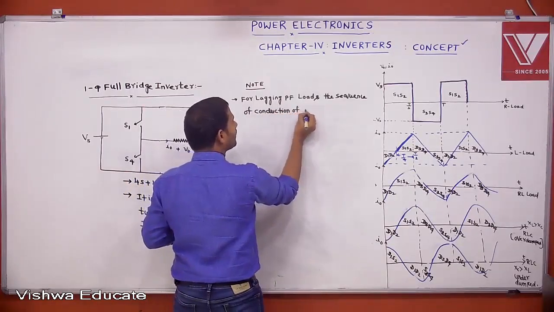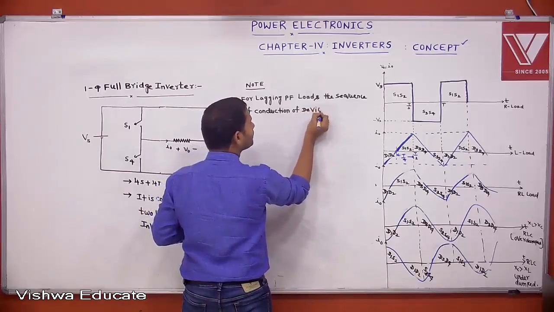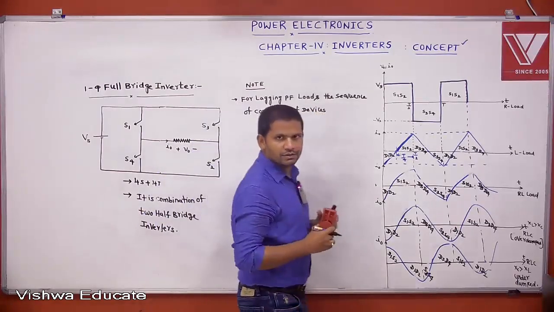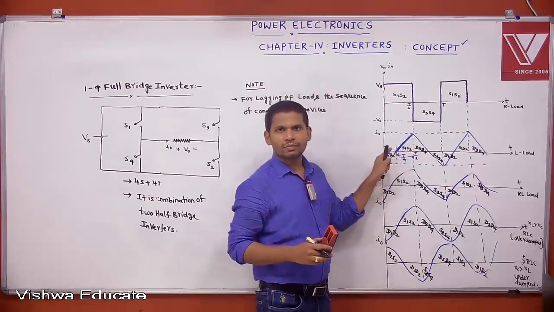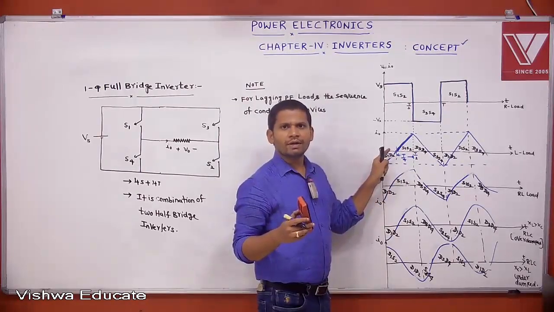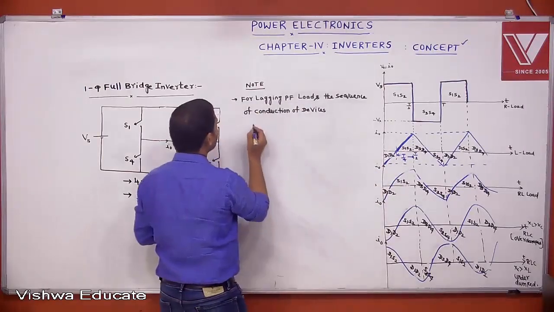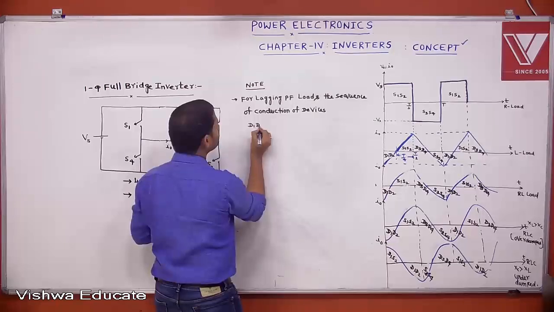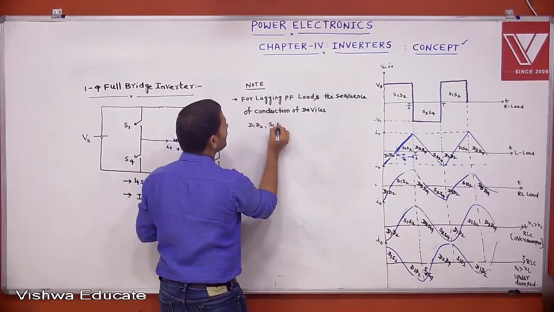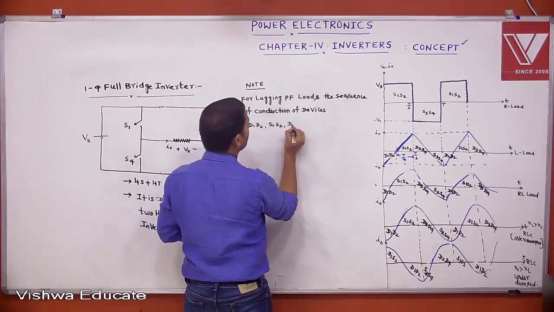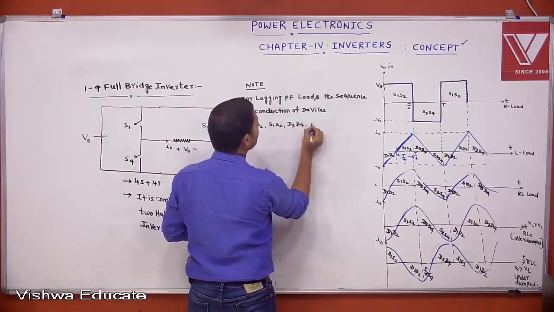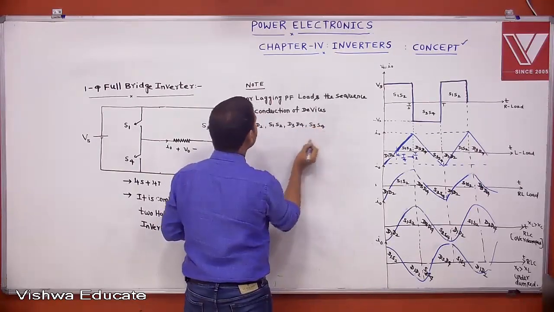First diode, next switch. But in half-bridge inverter, at a time only one device is conducting. But here two devices are conducting. Okay, D1, D2, S1, S2, D3, D4, S3, S4.